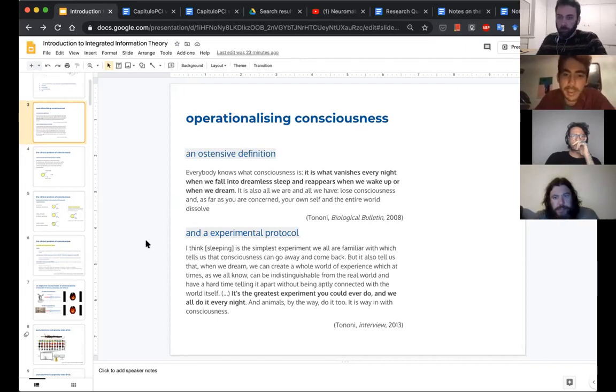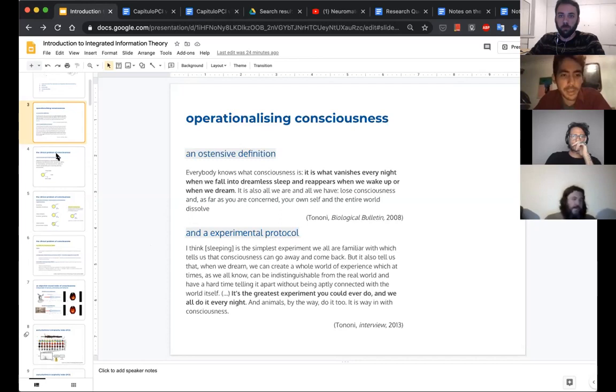It's interesting because it happens every night. There's another quote from Giulio, which says that the fact that we sleep and wake up every day makes for a routine experiment with consciousness, where we can actually experience it fading and coming back, and he calls it the greatest experiment you could ever do.